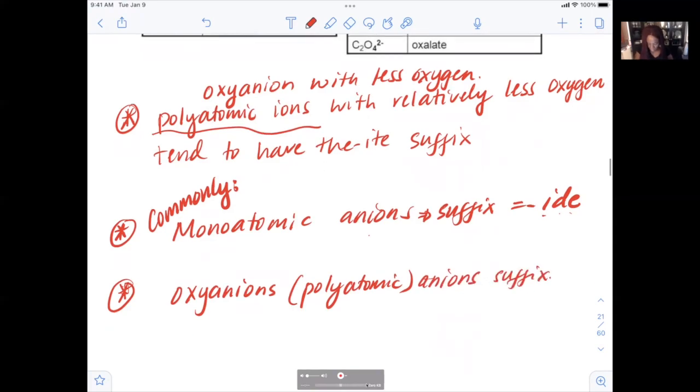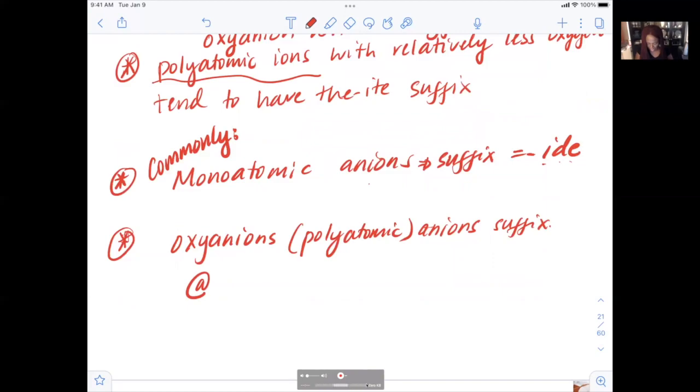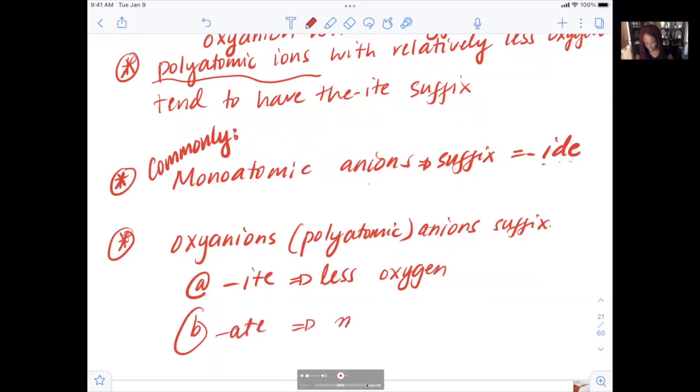We have a suffix that ends with ITE, and this is just communicating less oxygen. It's always relative. And then you have another suffix that ends with ATE, and this is more oxygen. It doesn't mean two oxygen or three oxygen, just whatever.